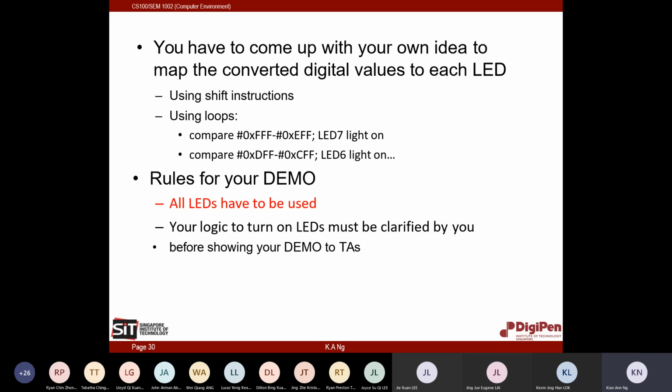They can only sign off when they understand your code. If your code doesn't make sense but still works, we will deduct marks also. So take note of that. This lab is very important.